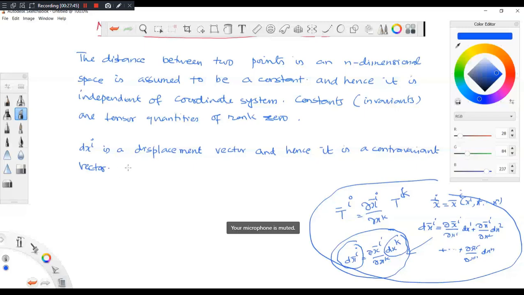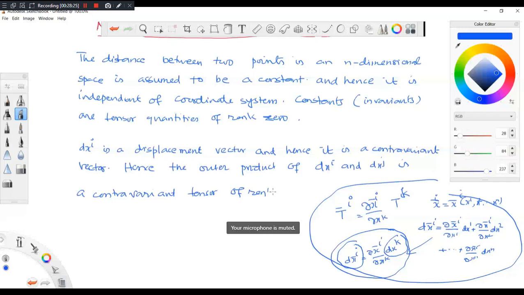Hence the outer product of dxi and dxj is a contravariant tensor of rank 2.